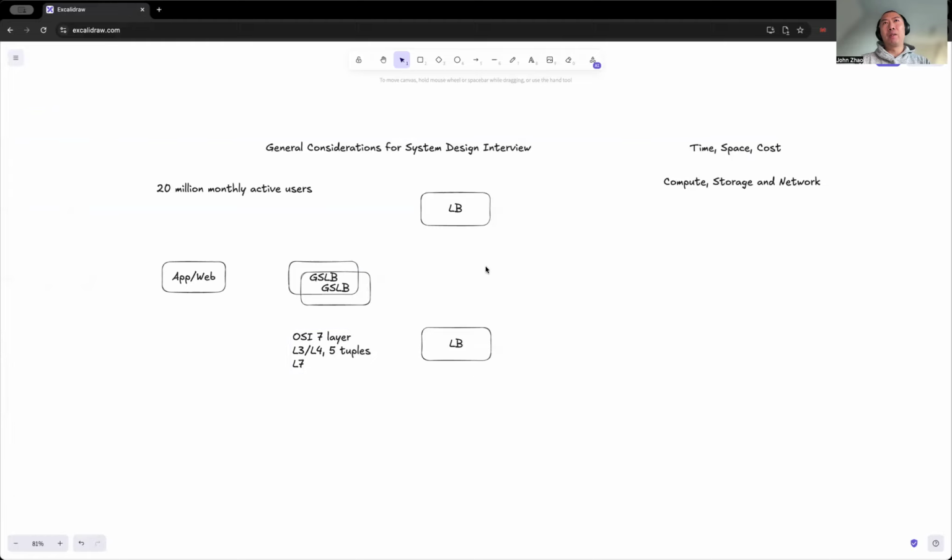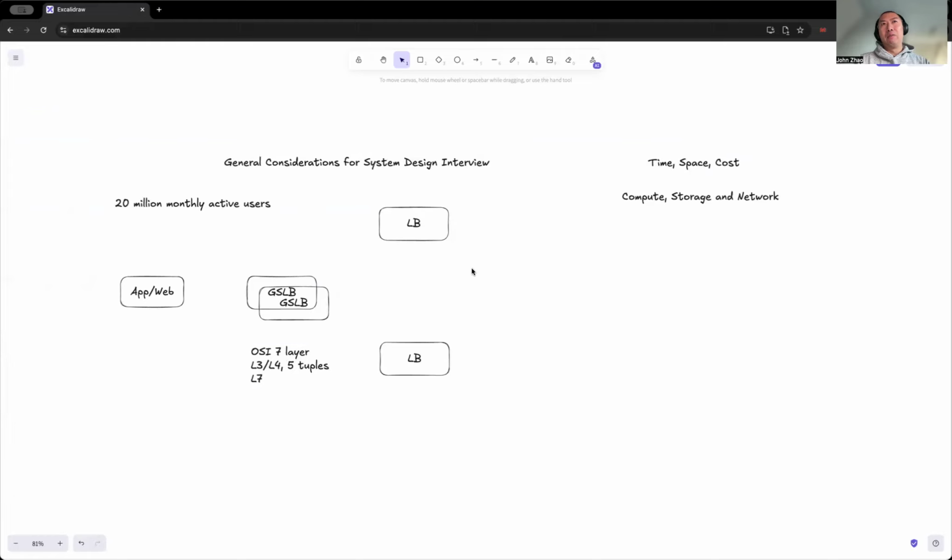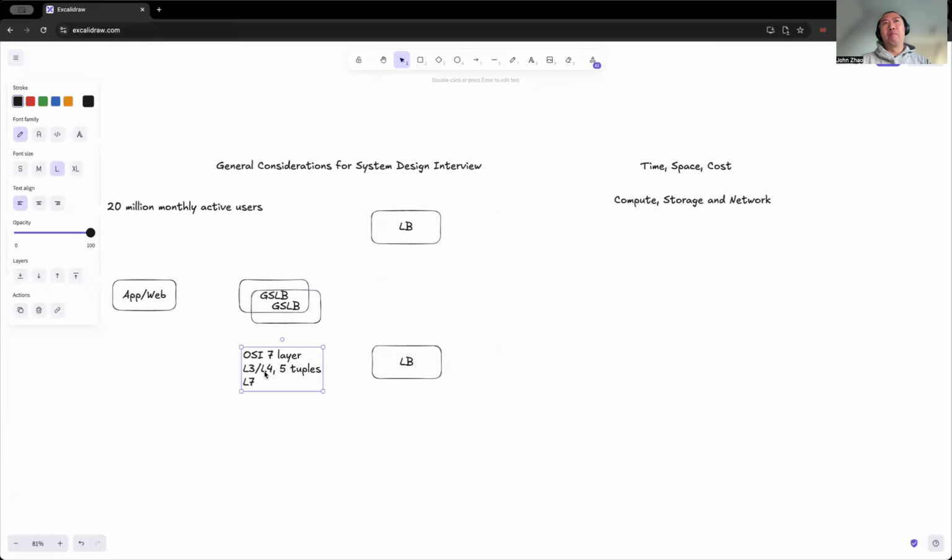And for the data center level, it can be either or both, layer 4 or layer 7. This depends on the specific use case and the traffic pattern.